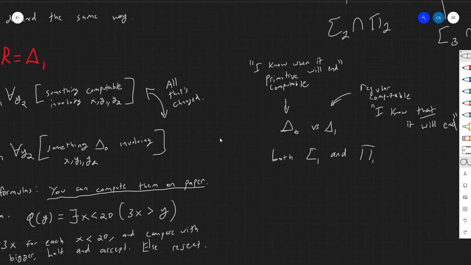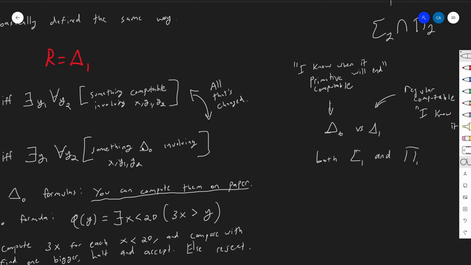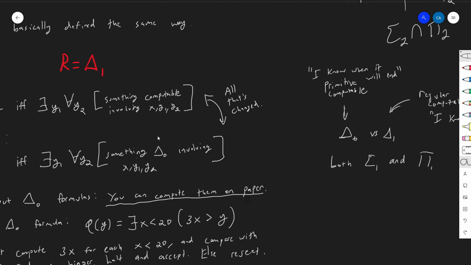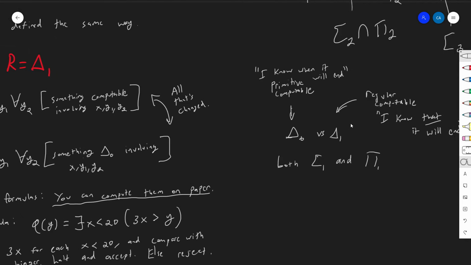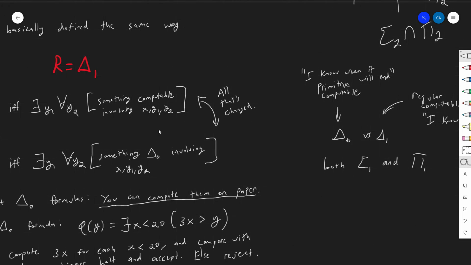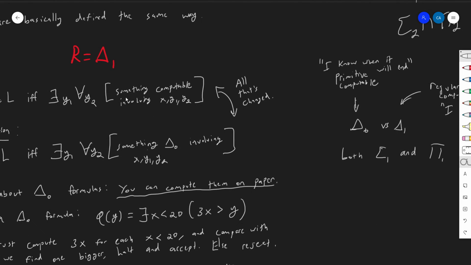But they are similar enough that putting delta 0 here instead of delta 1 doesn't make any difference. I don't think I could have said that responsibly without explaining the difference between them. If you explain the difference, then it is clear that putting this here instead of delta 1 isn't that big of a deal. It turns out that you get the same arithmetic hierarchy regardless.